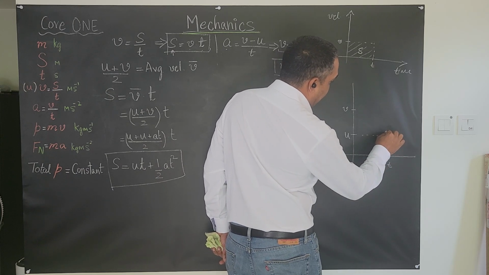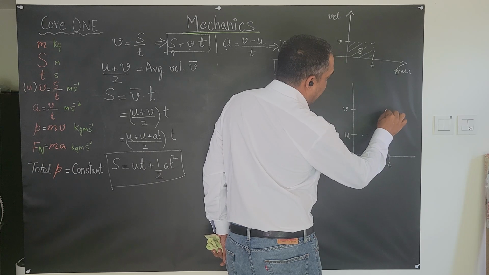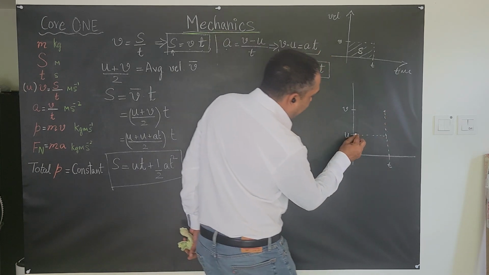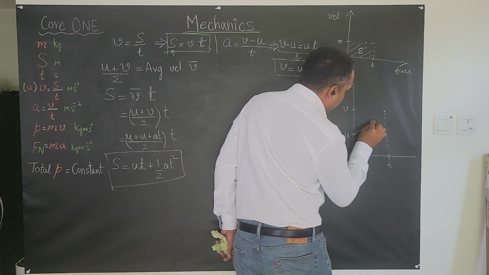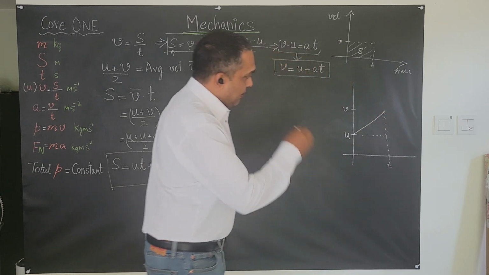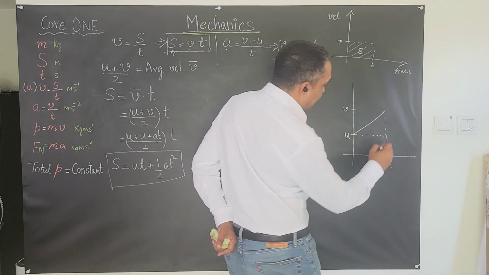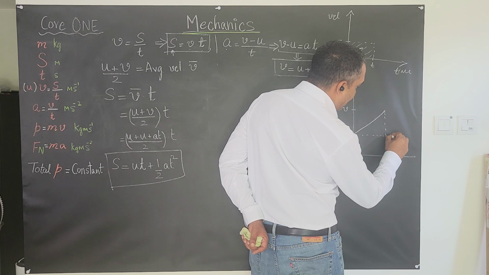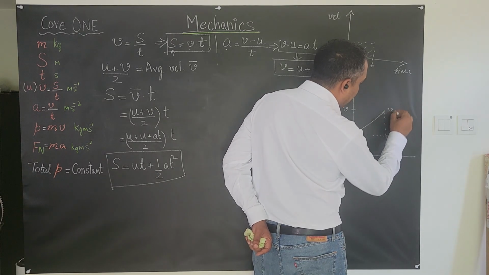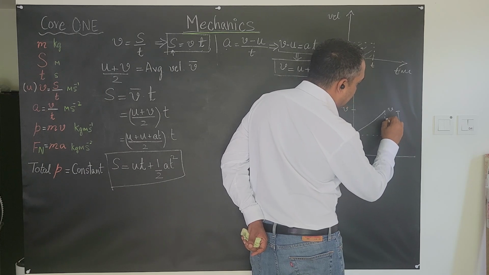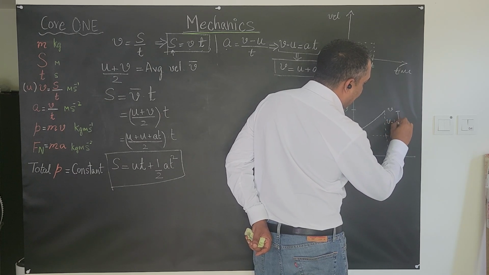But in reality, by the time I got to t, I was at this place here. That means my velocity went up constantly. It was not changing. Acceleration was constant. So if that was u and that is v, that distance is v minus u.